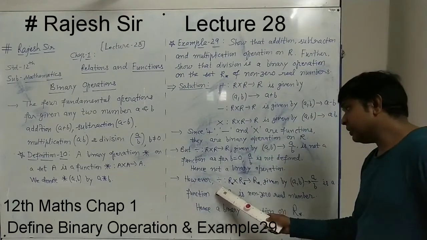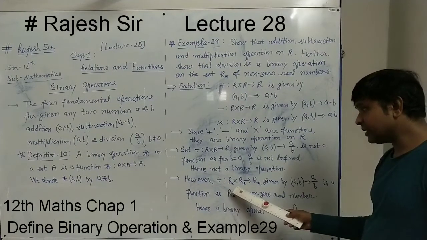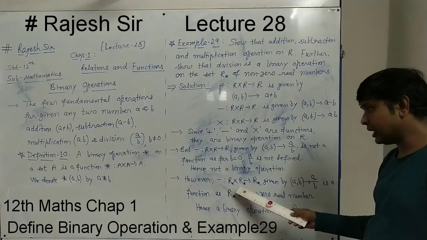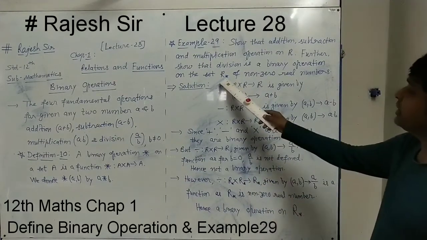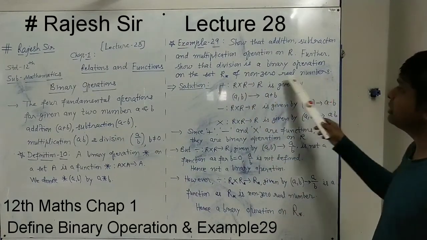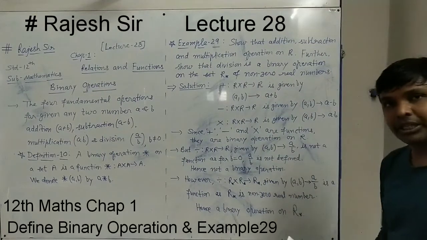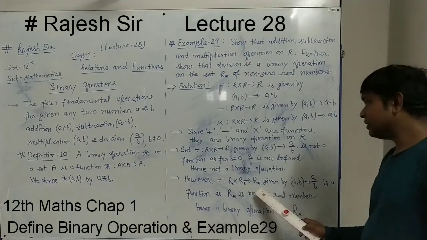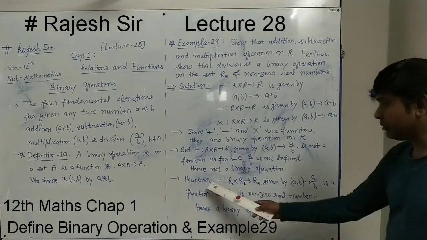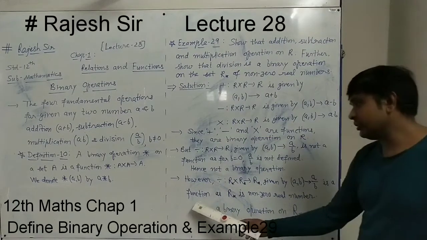However, division is a function defined from R star cross R star to R star. What is this R star? R star, you remember, is the non-zero real numbers. Non-zero means no zero: in R, all real numbers except 0, so in R star 0 is not there. So it is given by division, a upon b, and it is a function.